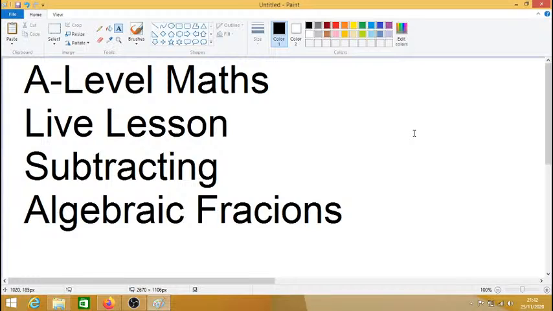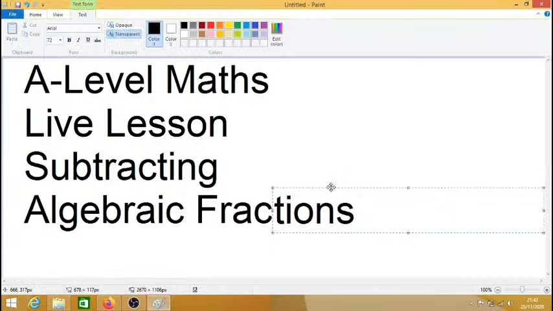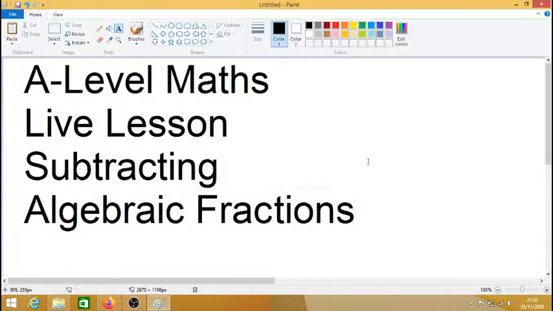Today we're looking at subtracting algebraic fractions, and I need to squeeze a T in there. It follows on from yesterday's lesson where I showed you a method on adding algebraic fractions.